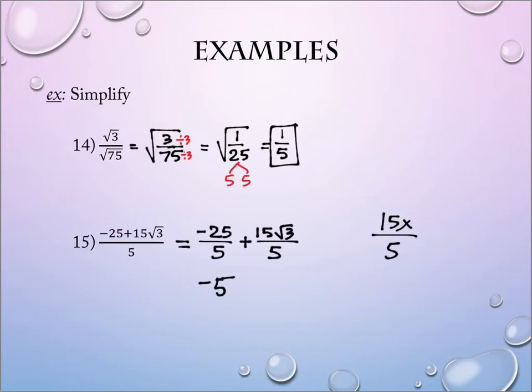You don't worry about the fact that, hey, there's an x there. What do I do about it being divided by 5? You don't have to because it's multiplied already by the 15. The same thing's true for my square root of 3. The only division we have to worry about because it's being multiplied on top is the division piece outside with the denominator. So 15 divided by 5 is 3, and then it's multiplied by the square root of 3 that was already on top.